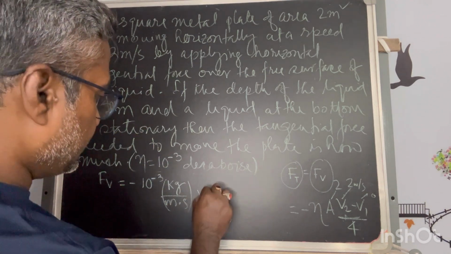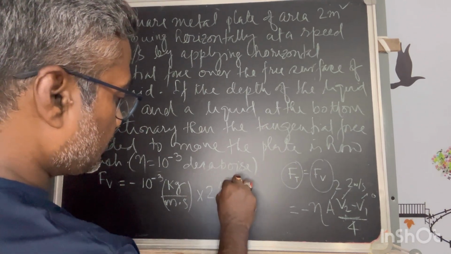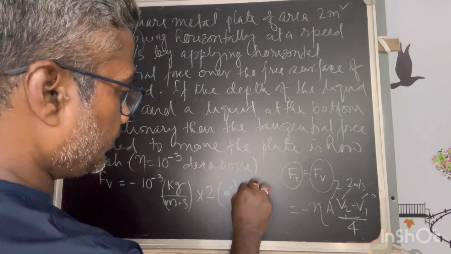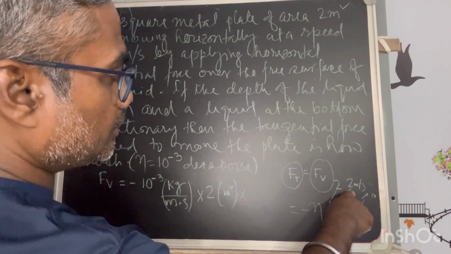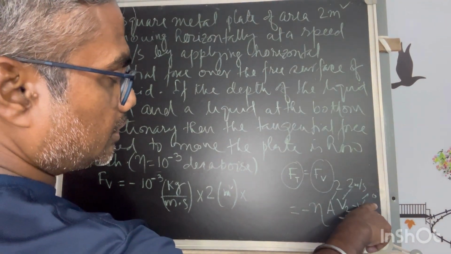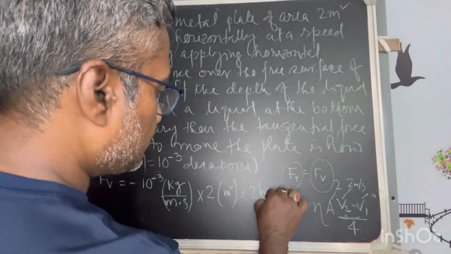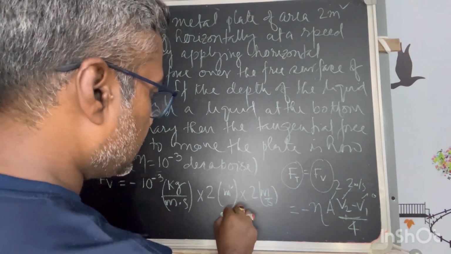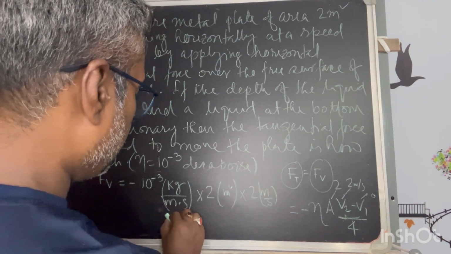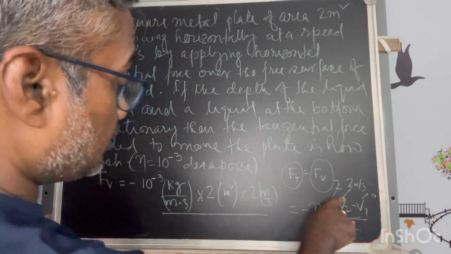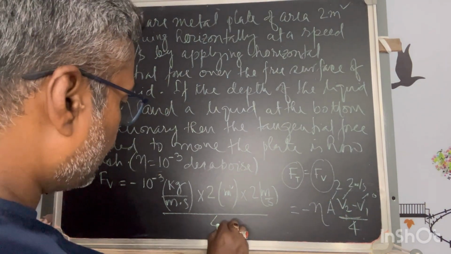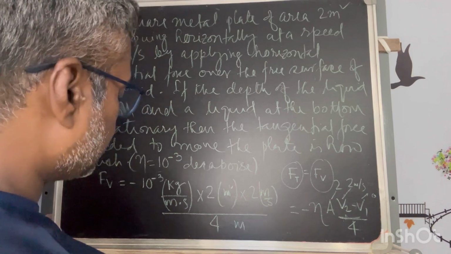Area is 2 meter square, into v2 minus v1, which is 2 meter per second minus 0, so ultimately 2 meter per second, divided by the distance y, 4 meter.